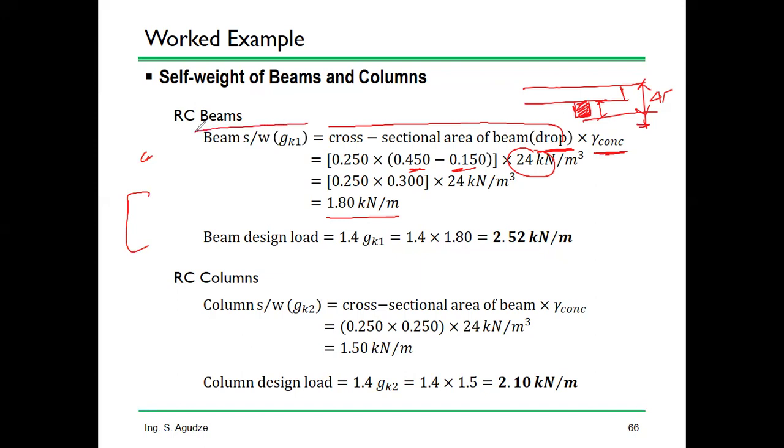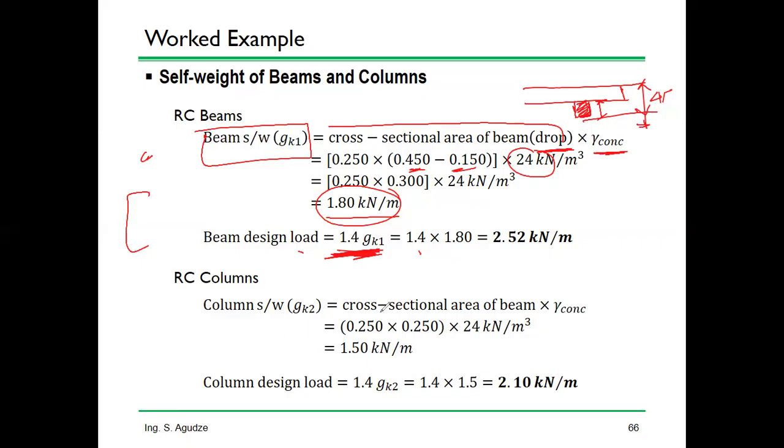The self-weight of the beam is dead load. And so we will apply 1.4 factor because this is dead load. And remember, you have done similar thing in design 1, so this is not too new. So to calculate the design beam load, 1.4 times this value, then we are good to go.